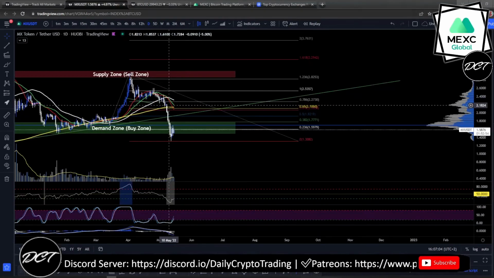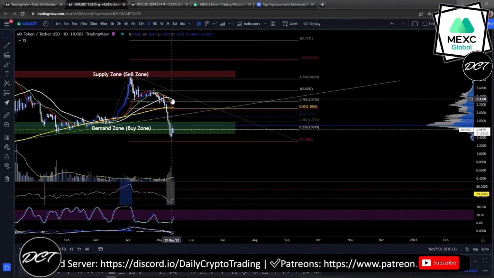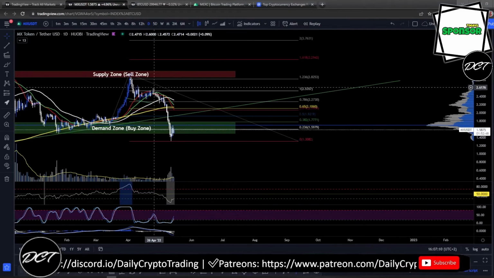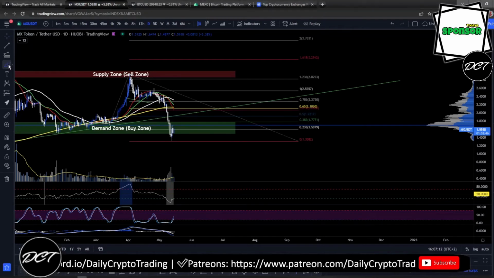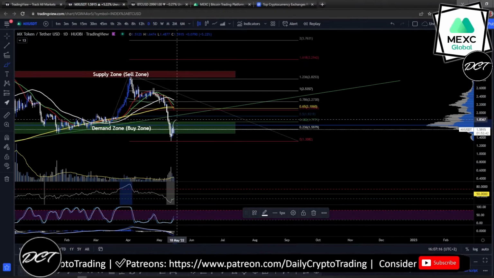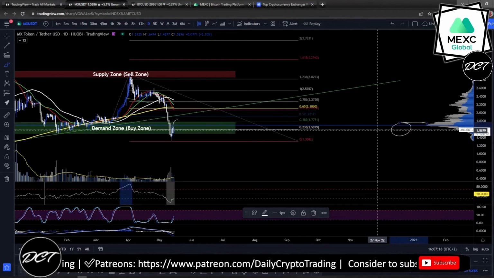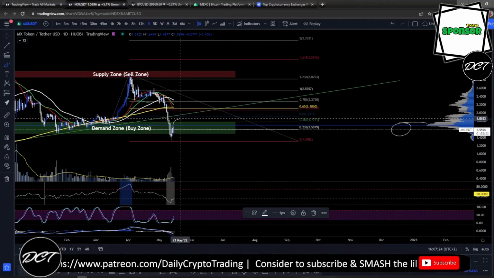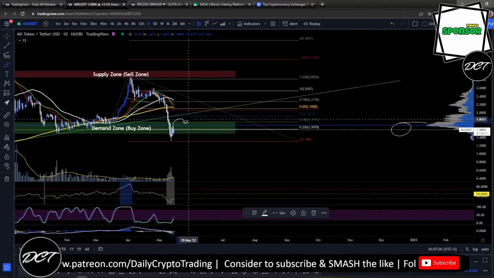If you look at the SMA, we are under the 21, 50, 100, 200 SMA. That is a bearish formation, guys. So if somehow in the daily MEXC token manages to go above all these resistance levels as you can see here, the strongest one being at this price level, which is around $1.7, and we go over that, we can use that as support.